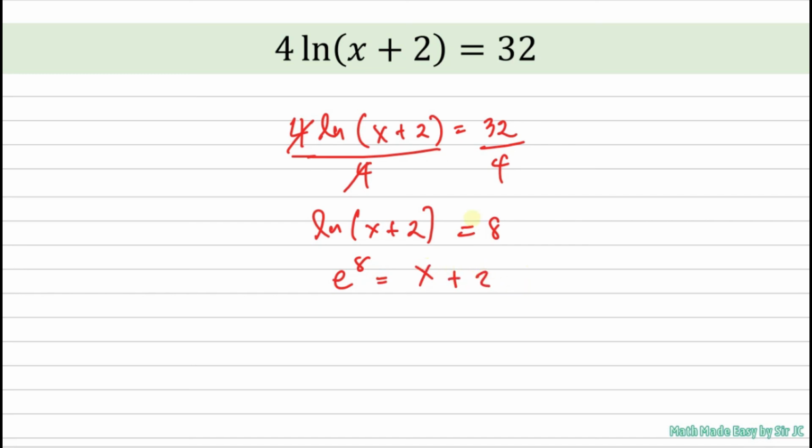So how are we going to solve for x? This is constant. We do not have a variable here because e is a number whose value is approximately 2.71828. So to solve for x, we transpose 2 to the left.